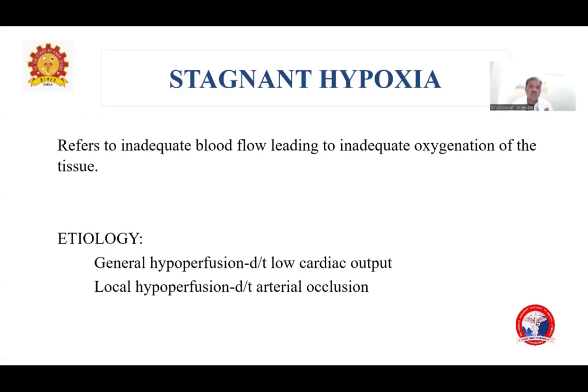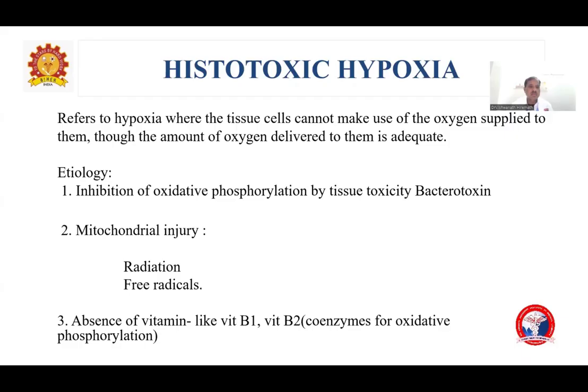Stagnant hypoxia refers to the inadequate blood flow leading to inadequate oxygen to the tissues. General hypoperfusion due to low cardiac output, local hypoperfusion due to arterial occlusion. Histotoxic hypoxia refers to the hypoxia where the tissue cells cannot make use of the oxygen supply to them, though the amount of oxygen delivered to them is adequate.